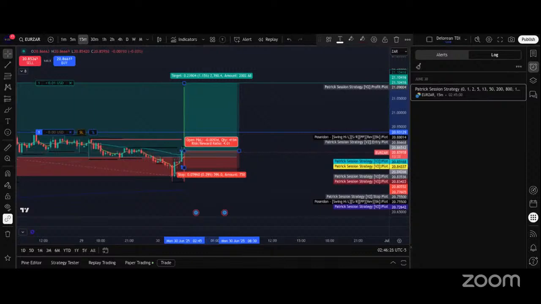It's going to be a 15-minute confirmation buy on Euro to South African Rand for a 4.01 risk to reward ratio, targeting a take profit of 21.10416. And that's going to be for 2,390 pips.